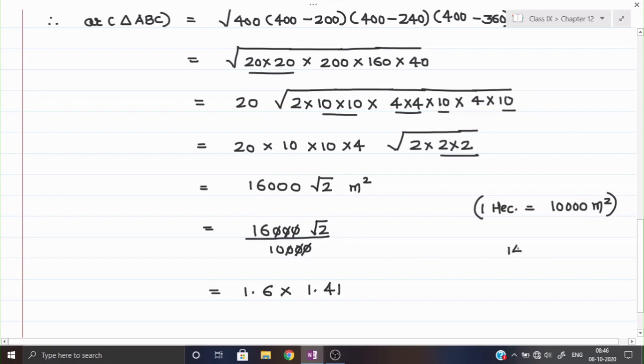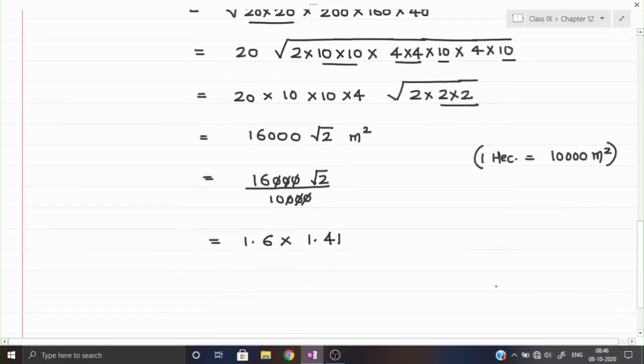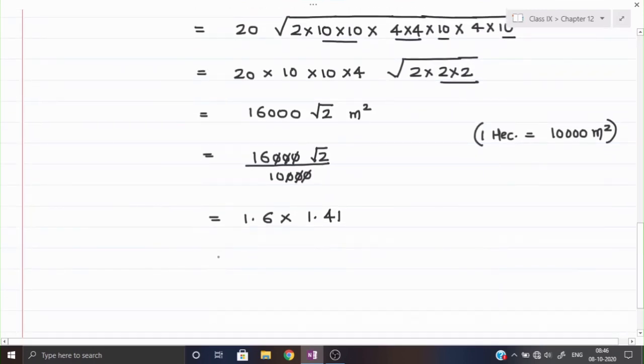So in 141, if I multiply by 16, 16 1 is 16, 6 carry 1. 16 4 is 64, plus 1 is 65, then carry 6 here, and 16 6 1 is 16, plus 6 is 22. So it is coming 2256, and a decimal will come after 3 places because 2 places are in 1.41 and 1 place is in 1.6.